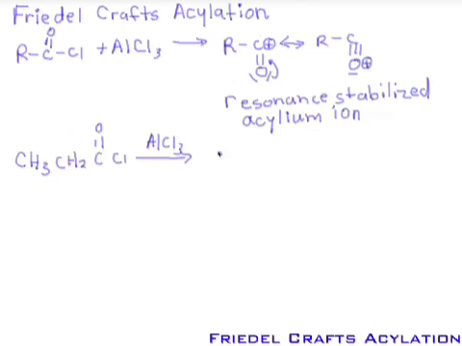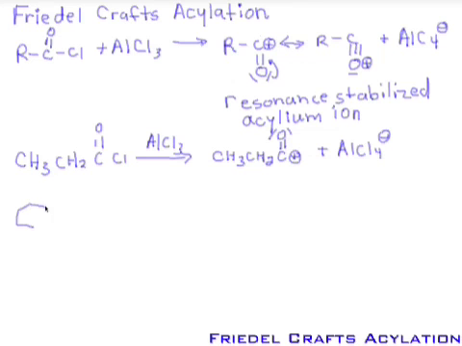And I would produce the CH3, CH2, C double bond O plus. Of course, the side product to that is AlCl4 minus. So you get AlCl4 minus up there. Now, if I react this with benzene, let's make that a little larger.